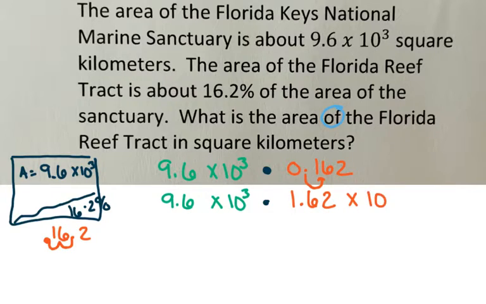So this would be 10 to the 1. Okay, so from there, I'm going to multiply 9 and 6/10 times 1 and 62 hundredths. And then I'm going to add the powers of 10.